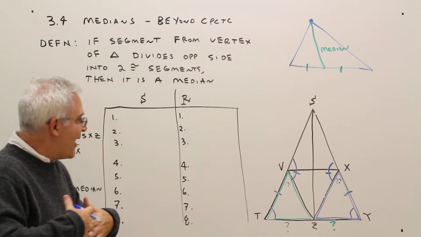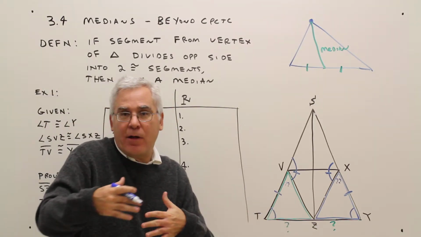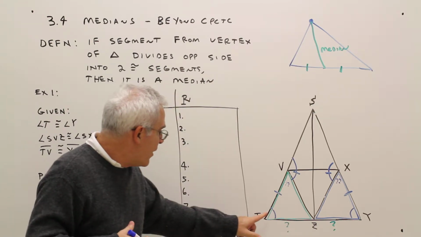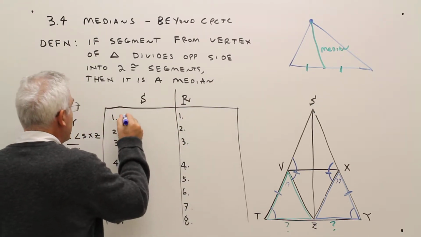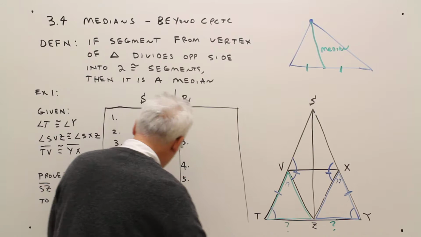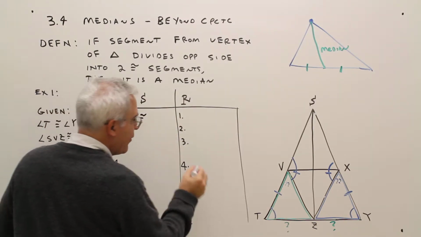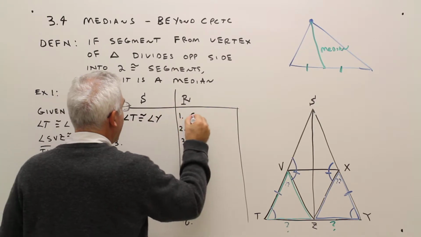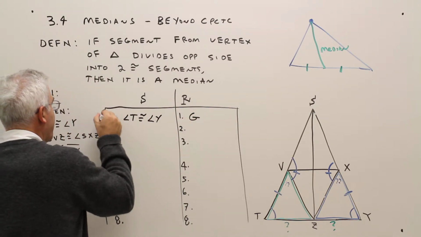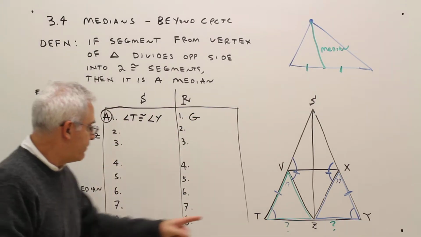All right, and again, I'm going to want to go in angle side angle order. That's just the way I do it. So I'll start with this. I'll use black. So angle T is congruent to angle Y, given, and I'll give myself angle credit there.